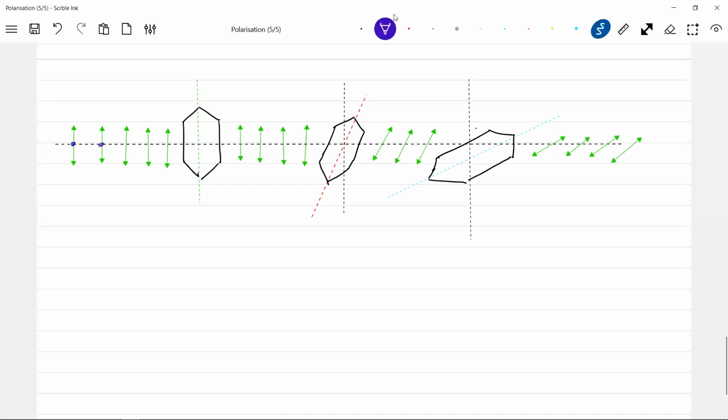This is unpolarized light of intensity, say I naught. There's a polarizer, this I'll call P1, and this P2.